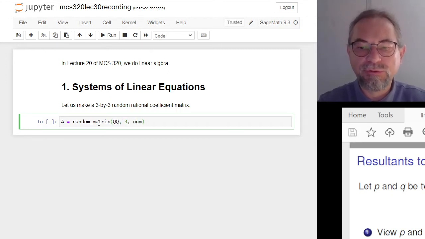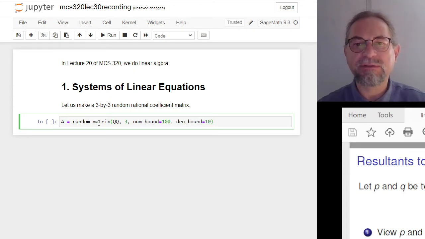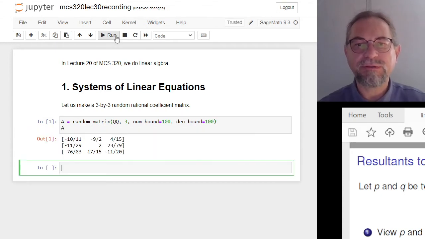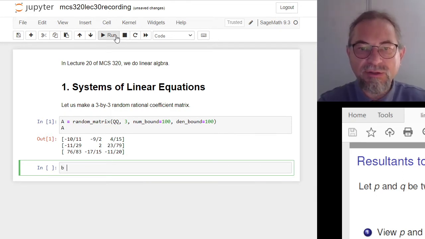And I want to give the bound on the numerator and on the denominator. So I want that the rational numbers are not larger than 100. So here is my coefficient matrix. I can use the same syntax for the right hand side vector.